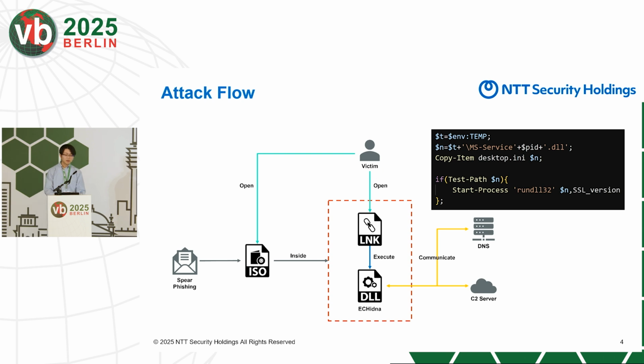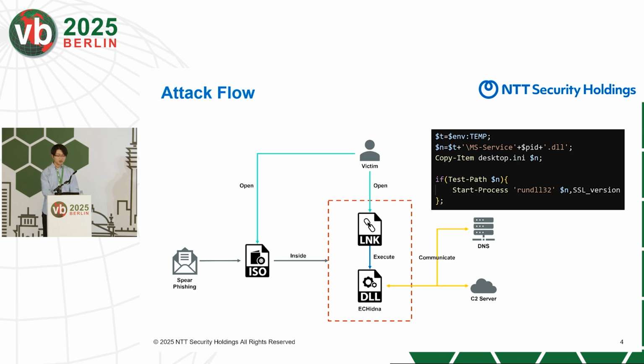The script picks the user's temp folder. It copies a file named desktop.ini there. This file is really a DLL, but the name looks harmless. Next, it starts rundll32 and loads the DLL, calling its exported function SSLVersion. This DLL is just a loader.